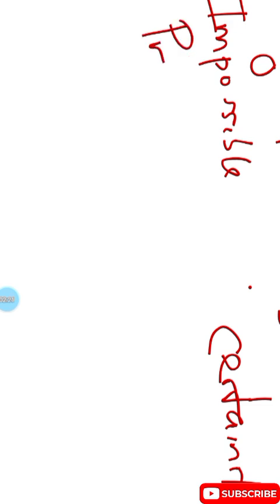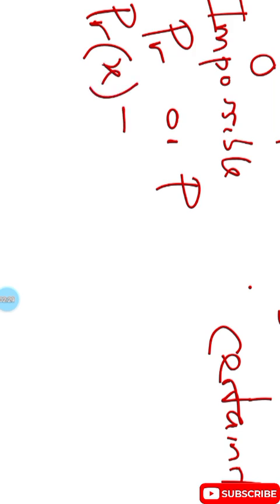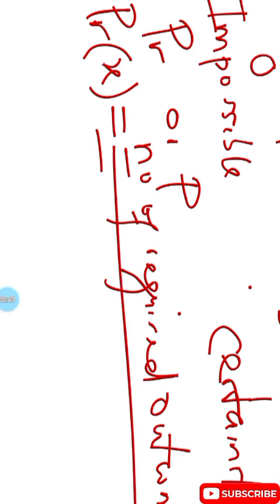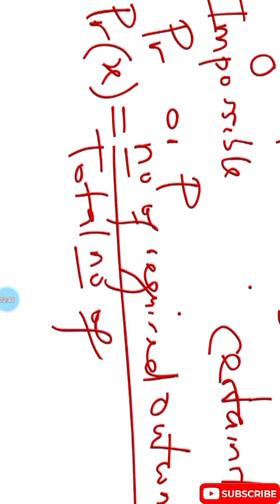Some say PR and some simply use P. So we can say that probability of an event, let us say event X, is equal to the number of required outcome all over total number of outcome. All over total number of what? Of outcome. That is what we simply call probability.